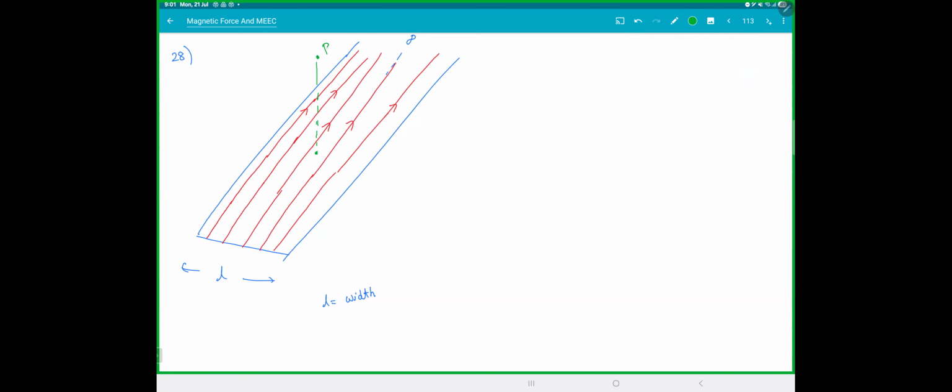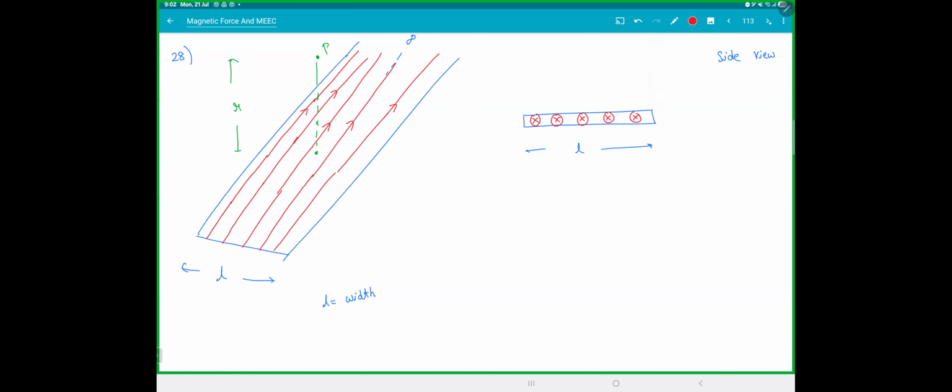We have a point P here at a height r from the center of the plate. If you look at this in the side view, this is that L. So current is going into the plate.